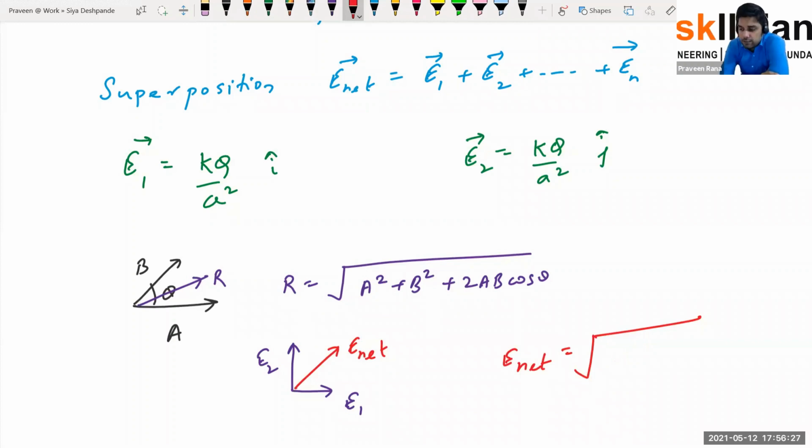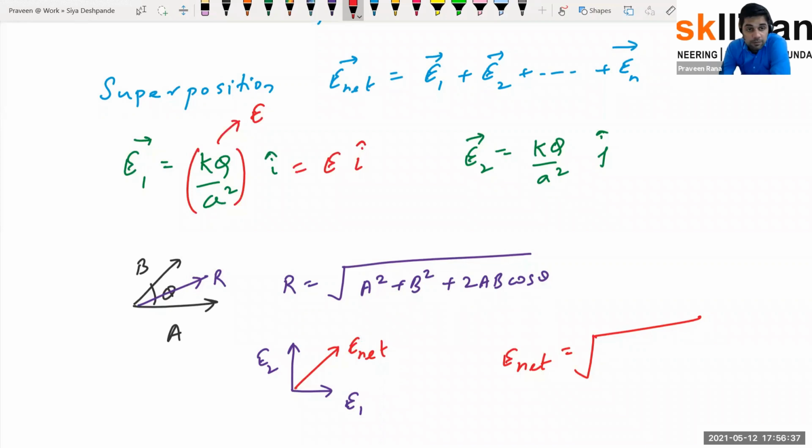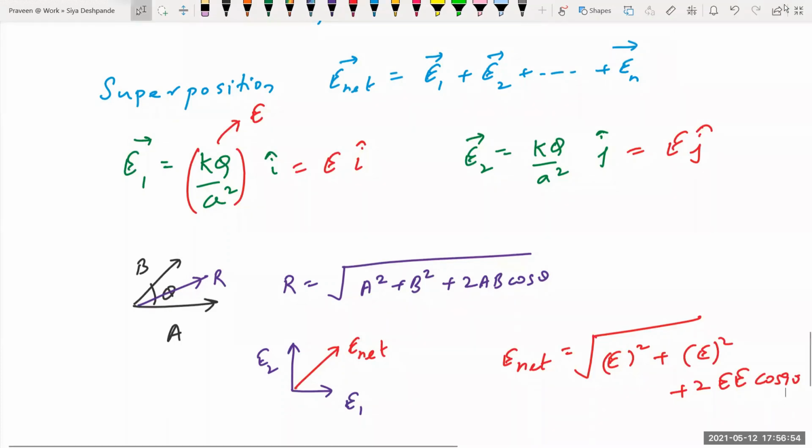Now look at this one. Let's say this value, KQ over A squared, I'm calling it capital E. So I can say that electric field E1 is equal to E i cap and electric field E2 is equal to E j cap. So the net electric field would be the square root of A squared plus B squared plus 2AB cos theta.